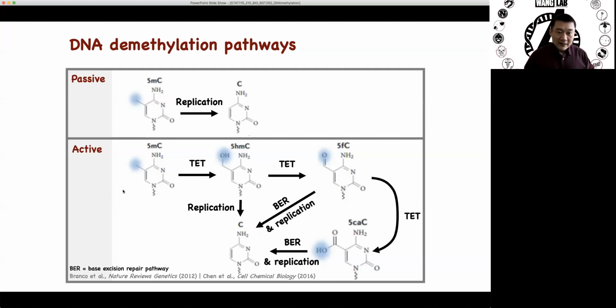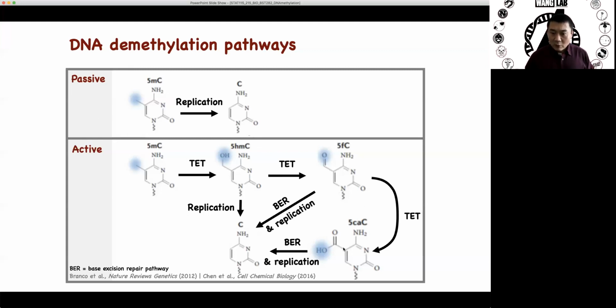It starts with methylated cytosine. You use an enzyme called TET. There are three TET enzymes that oxidize this to hydroxymethylcytosine, and further oxidize it to formylcytosine and carboxylcytosine.